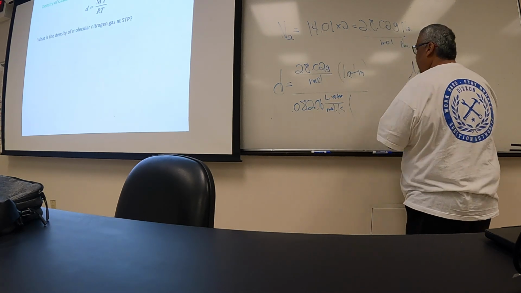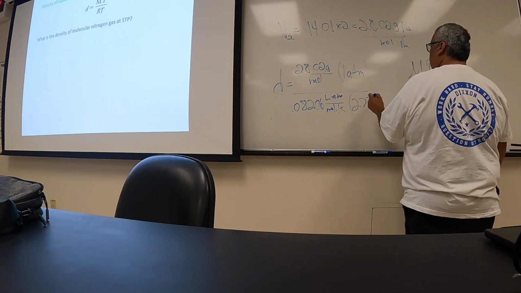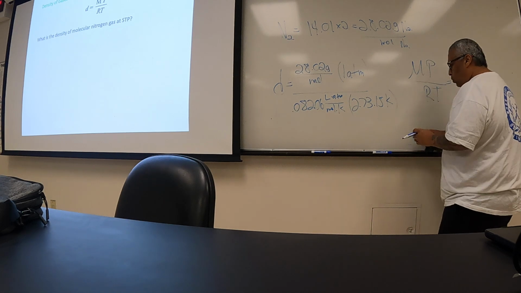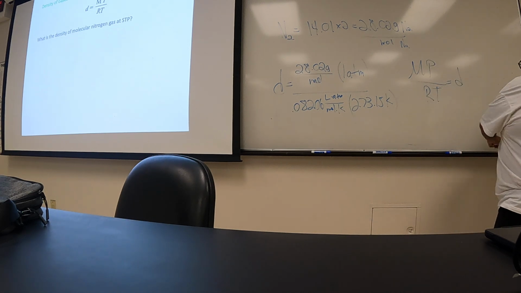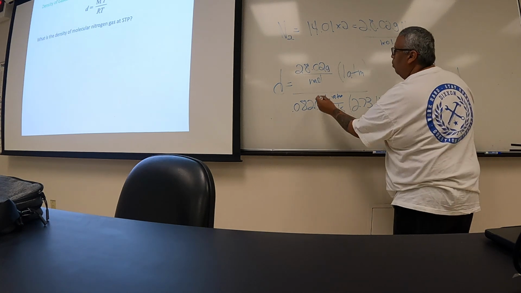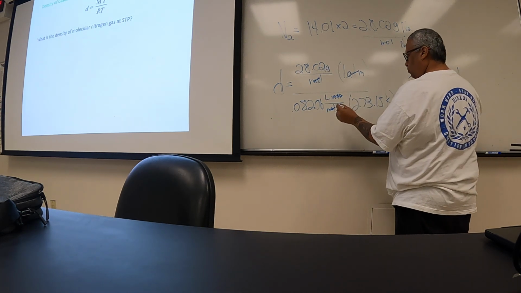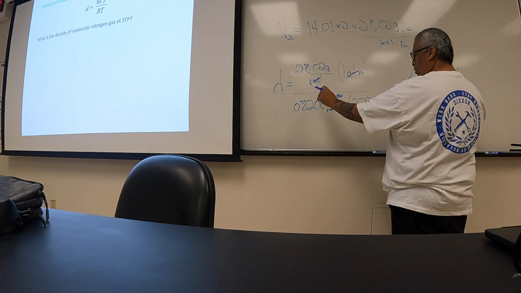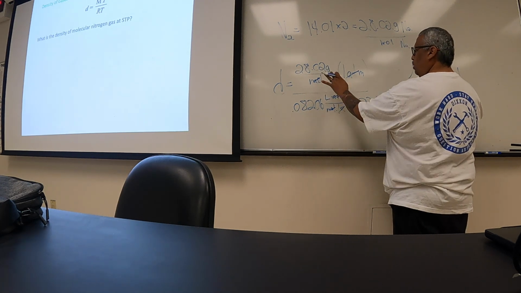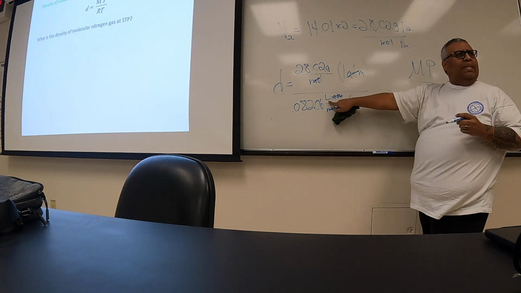And we're going to multiply that by the temperature of 273.15 Kelvin. So now we're going to see these units go away. Let's cancel out our units. Moles cancels moles. Atmospheres cancels atmospheres. Kelvin cancels Kelvin.